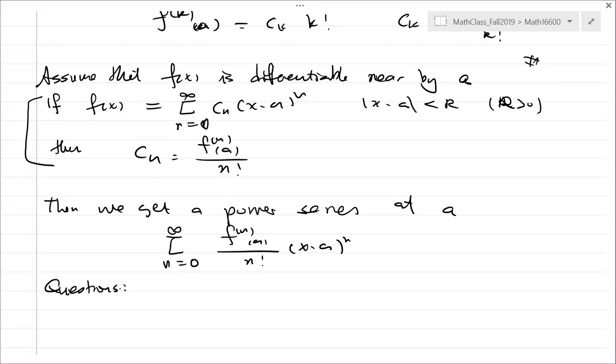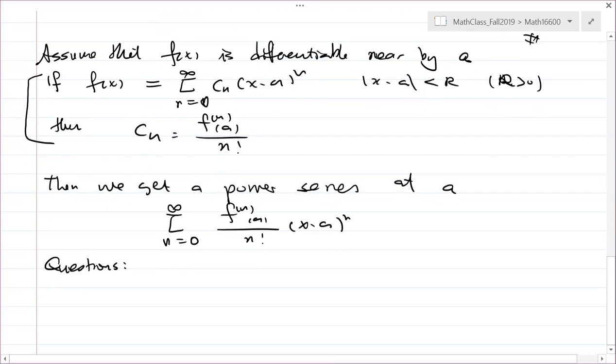But it's possible that this function is differentiable, but it cannot be represented by any power series. That's a possibility. So the question is, given a function differentiable at a, can it be represented by a power series? You have to answer the following questions.